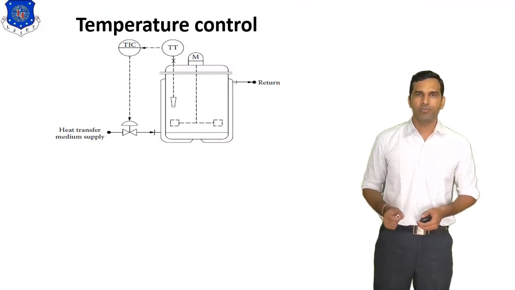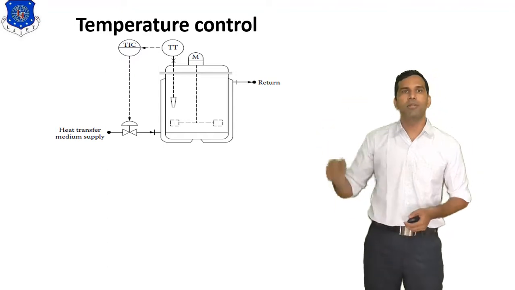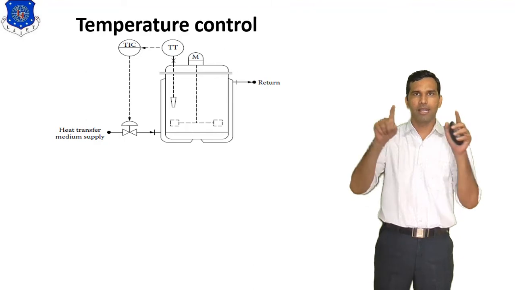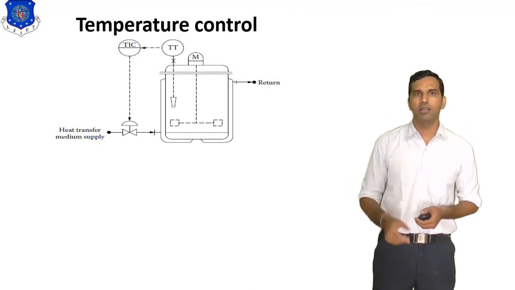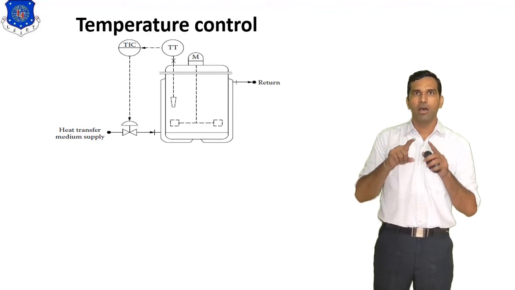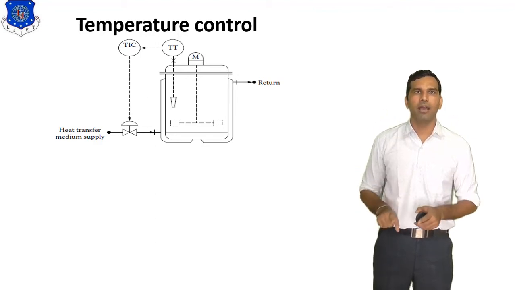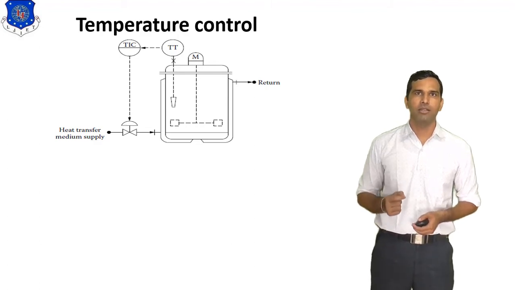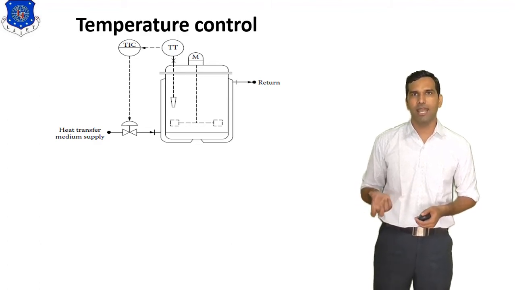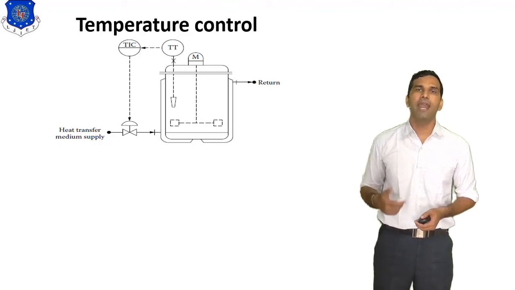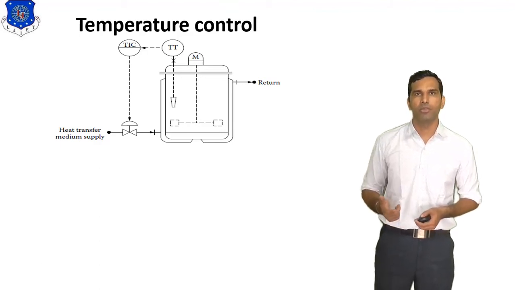This is the simple diagram of a temperature control system. Here you can see the rectangle is the reactor, and surrounding the reactor there is a jacket. TT indicates the temperature transmitter, a sensor that senses the temperature inside the vessel and sends it to the temperature controller.